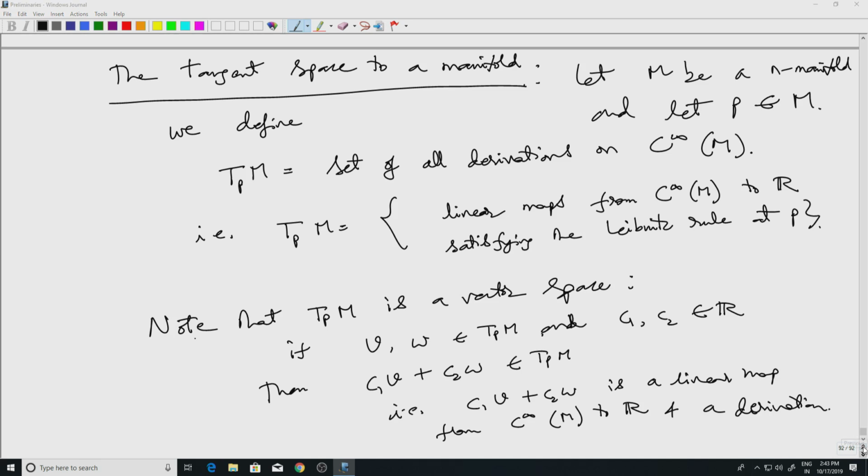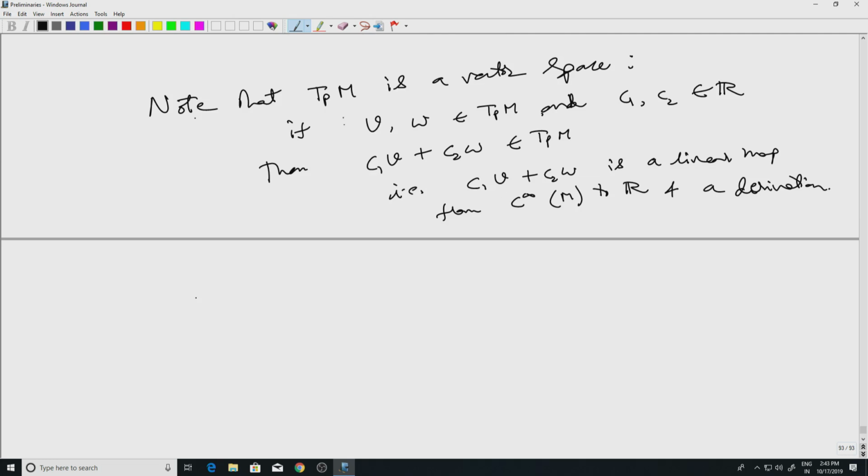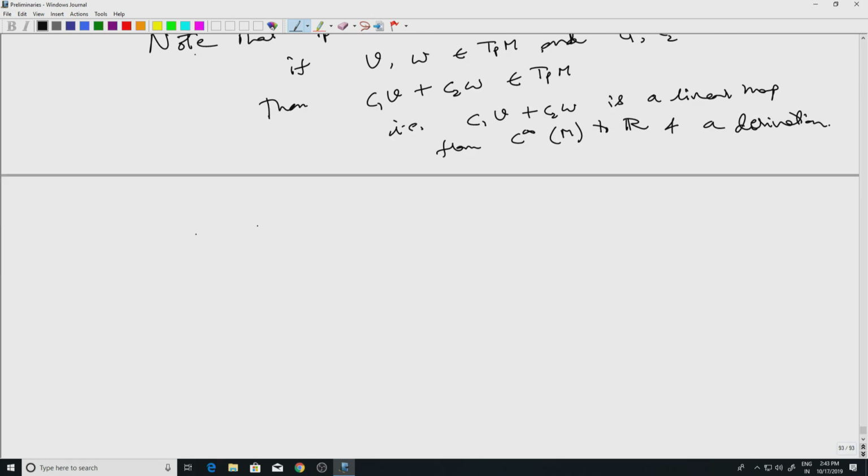This is immediate from the defining property of a derivation. After all, what do we have to check? The linearity is clear enough. If you have two linear maps, then their linear combination is also a linear map. And checking that it's a derivation is not any harder. Suppose I want to check C1V plus C2W is a derivation, all I have to do is act it on a product of two functions, fg.